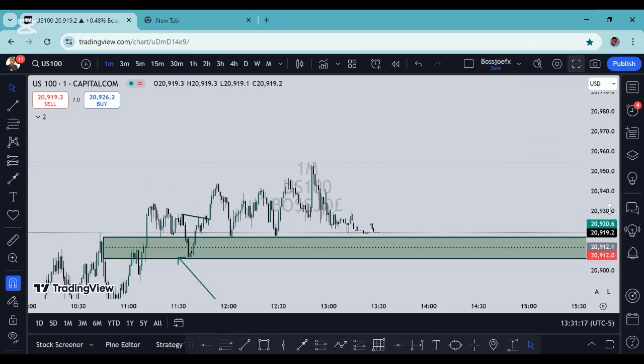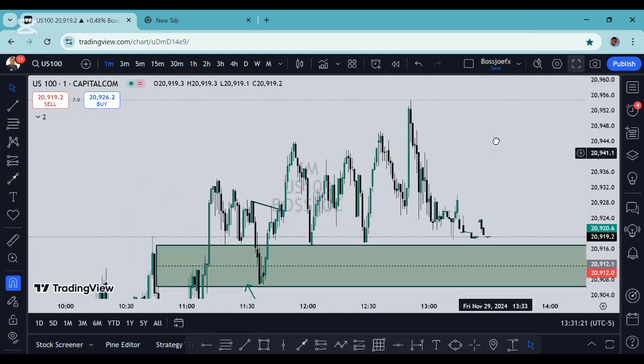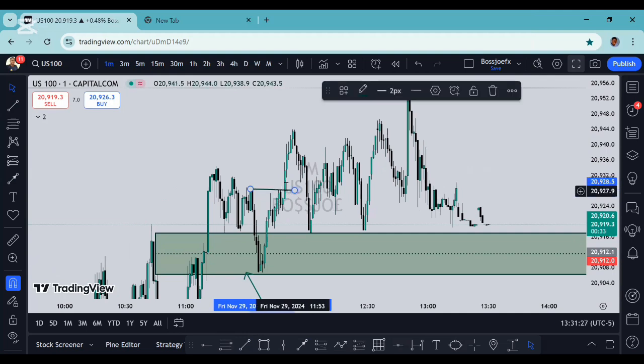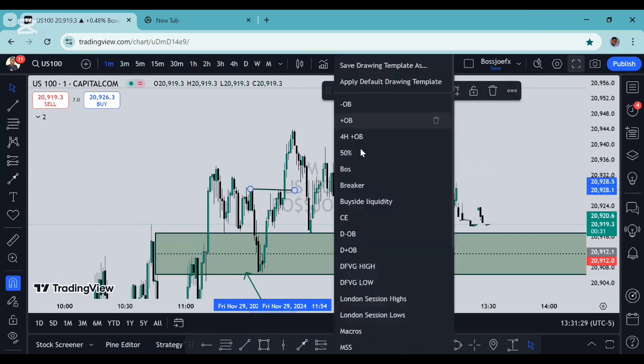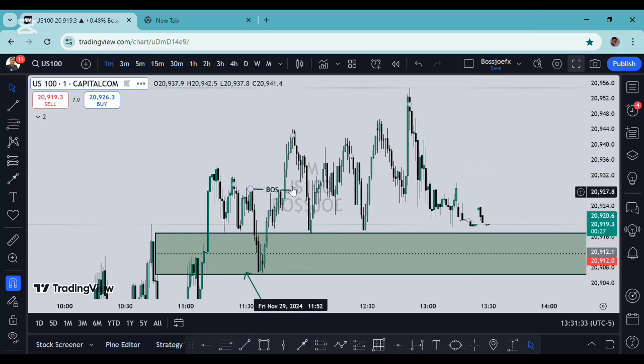That's how I trade. I'm just showing you how important fair value gap is to me. Most times you'll see me write something like break of structure in my reels. That's a break of structure. There's another fair value gap inside here.